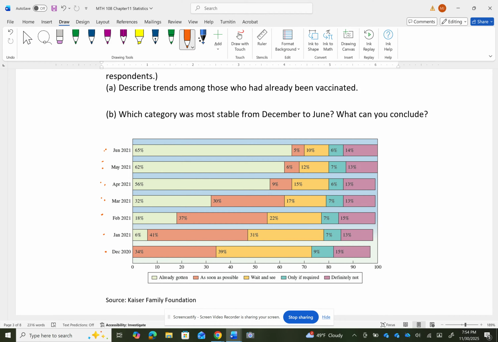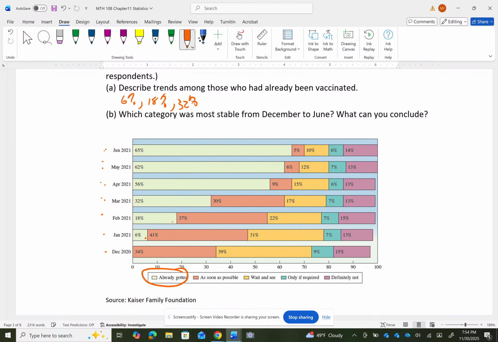So already been vaccinated. That would be this one, the first one, the kind of light green. And what we notice is that in December, nobody had already been vaccinated, but a lot were as soon as possible. But then you can see we had 6%, then 6%, and then 18%, and then 32%.